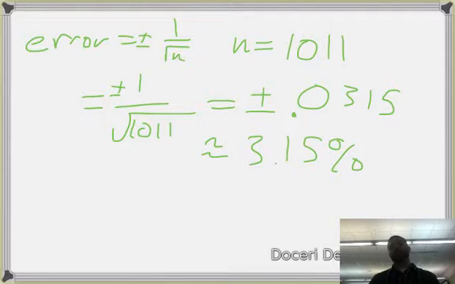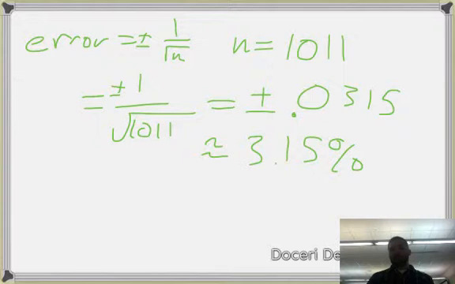If this was the square root of 1,000,000, we'd have something like plus or minus 0.0000315. Maybe not exactly that, but it would be much, much smaller. But we're going to find out pretty quick that you don't need to take 1,000,000 people to have a representative sample of even the American population.